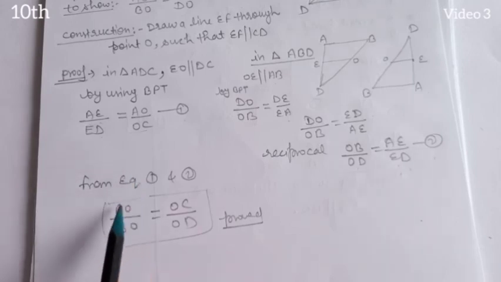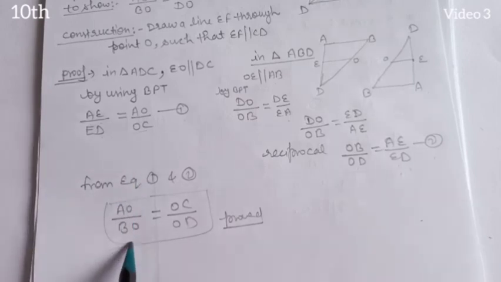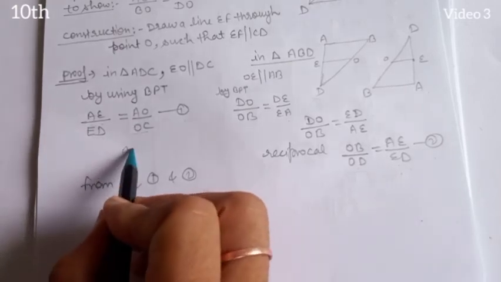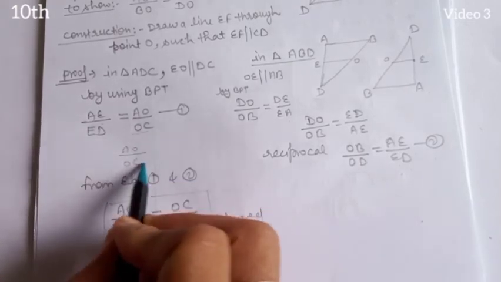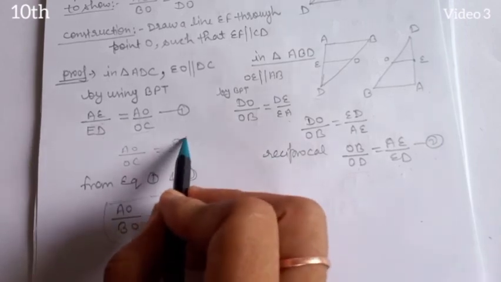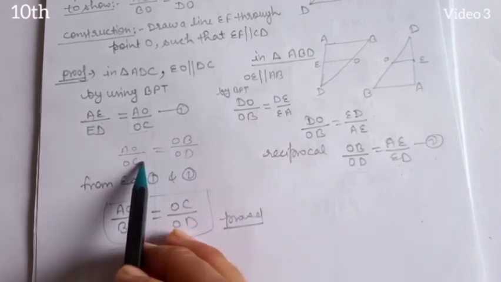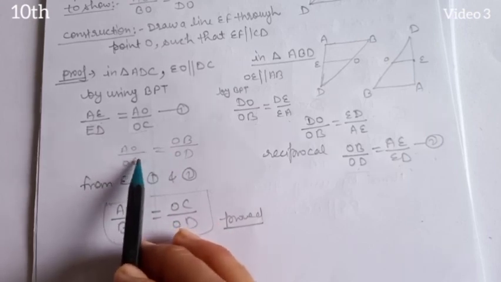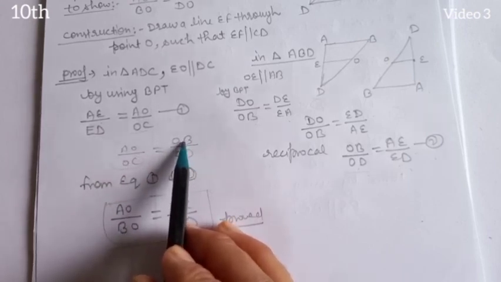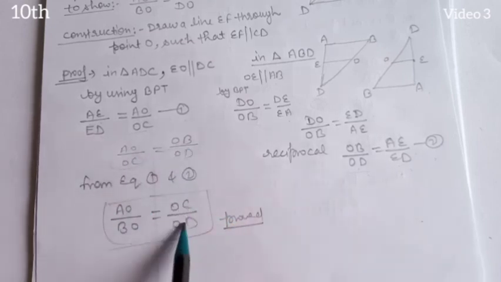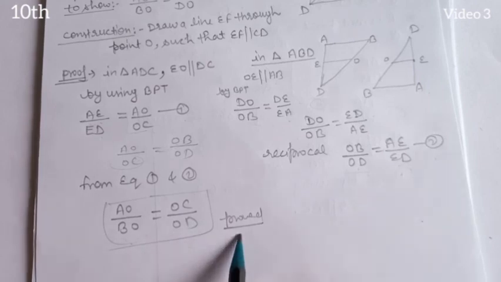So we can write AO upon OC is equal to OB upon OD. Now cross multiply OC and OD, sending OC here and OD here, so it becomes AO upon BO is equal to OC upon OD. It is proved.